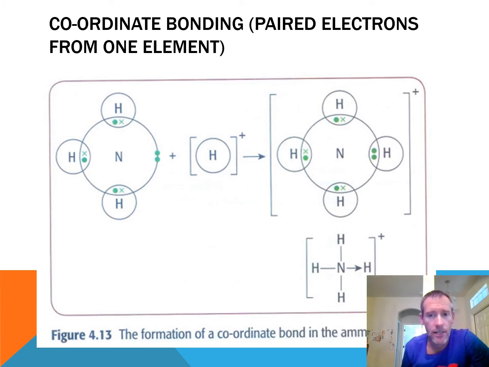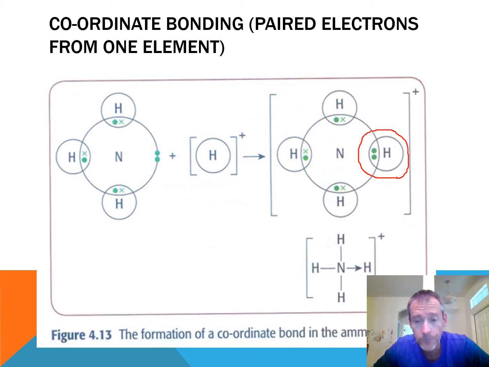Alright, coordinate bonds. These are paired electrons from one element. If you look at ammonium, NH4+, the hydrogens are bonded by sharing, one electron from hydrogen and one electron from nitrogen, so that's formed a covalent bond. But if you notice this hydrogen right here, it has 2 dots.